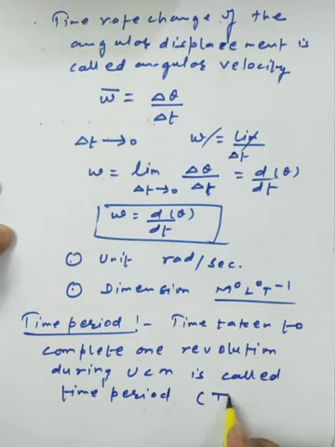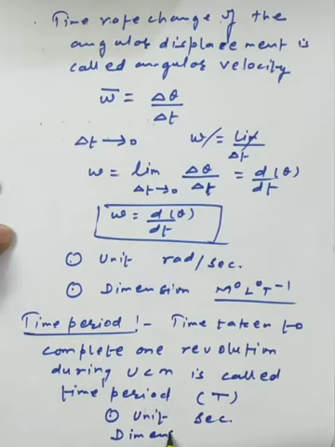And the symbolic notation is T. So what is the possible unit we have? That is second. And the dimension we have is M^0 L^0 T^1. This is the possible representation of the time period we have.